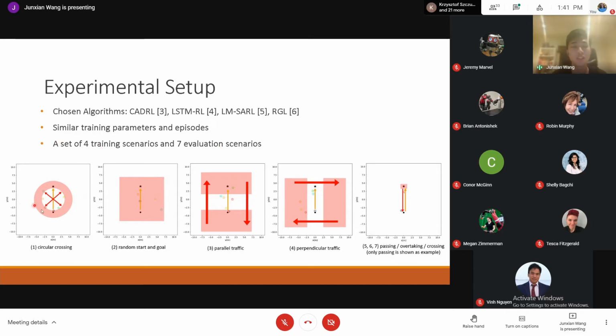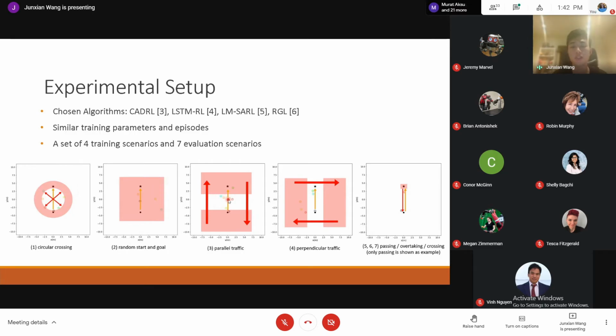In these scenarios, the red area means the spawn area for humans, the red arrow means the humans' general destination direction, and the yellow arrow means the destination direction for the robots. For example, for the circular crossing one, the humans will spawn randomly in a circular fashion and try to cross to the other side of the circle.